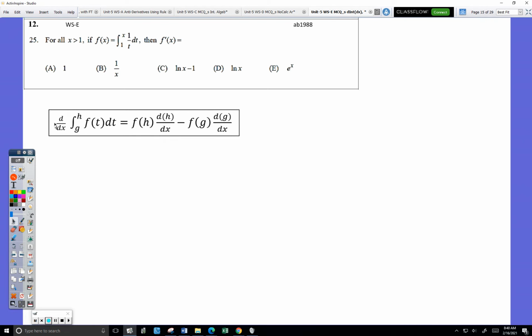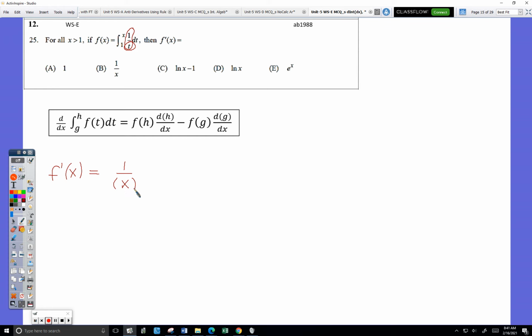I'm using the rule for finding the derivative of an integral, which means I identify the integrand. So f is the integral, therefore f prime is the derivative of the integral. I simply write down the integrand, but in place of the variable of the integrand, I plug in the upper limit.